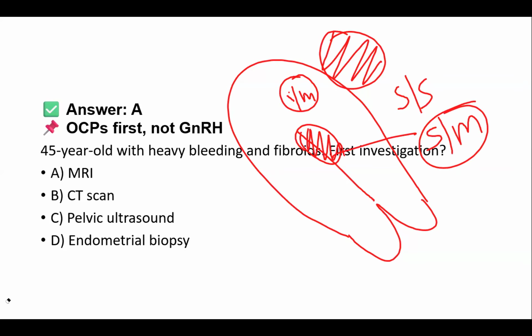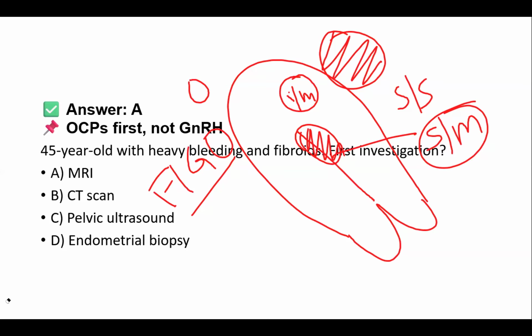See, usually FIGO has classified the fibroids into different types according to the location, like submucous, intramural, subserous. In the FIGO classification, if it is type 0, that means it is completely submucous.